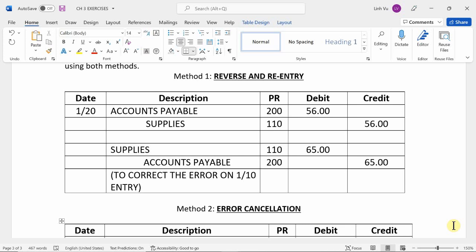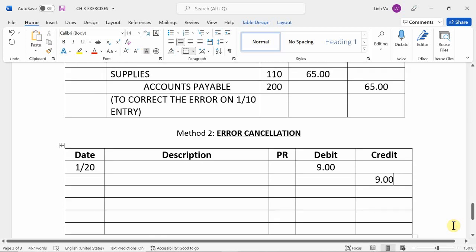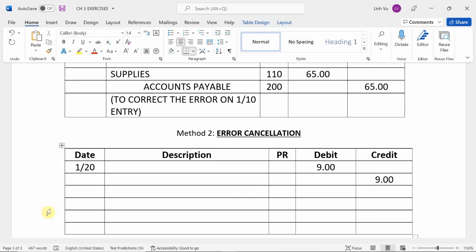I can see the accounts payable is supposed to have $9 more. So how do you increase accounts payable? It's a liability, so the credit increases.